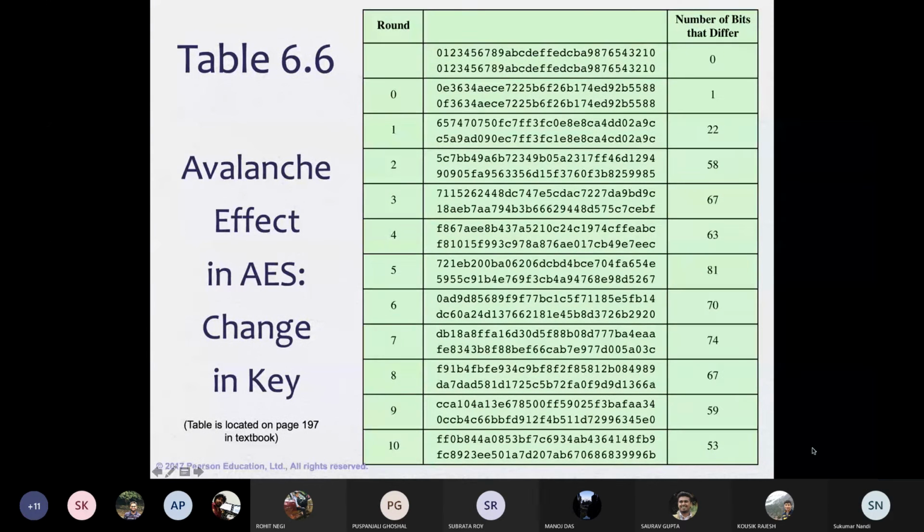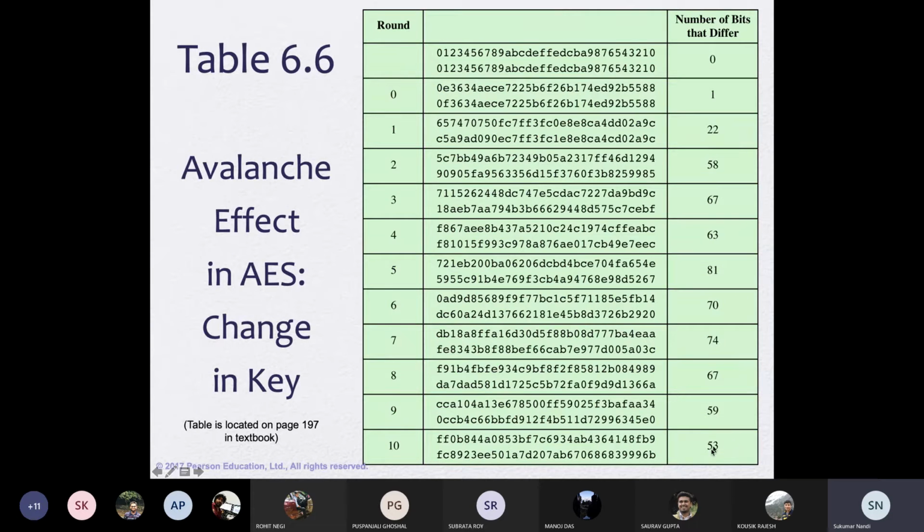Similarly, if the key changes, with the same plaintext and a 1-bit key change, at the first add round key only 1 bit will be reflected because of the XOR. First round of encryption 22, second round 58, and so on.